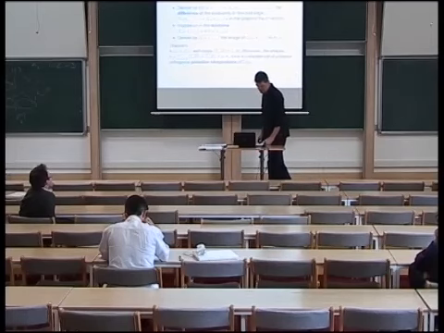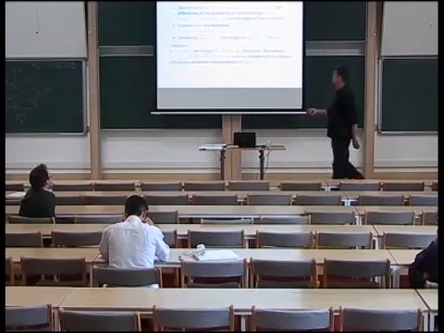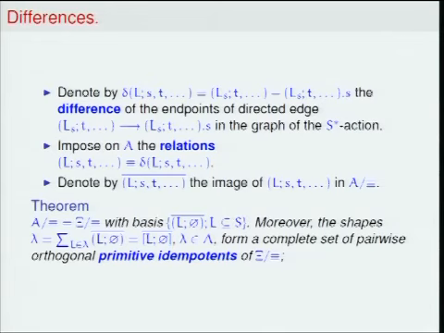Then it turns out that the quotient of the big path algebra coincides with the quotient of the street algebra modulo the relations only. This quotient has a basis labeled by the subsets of S, being the delta image or the bar images of the proper sets L, the paths of length 0 only.